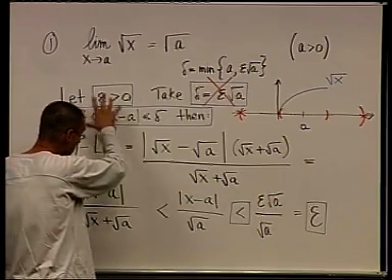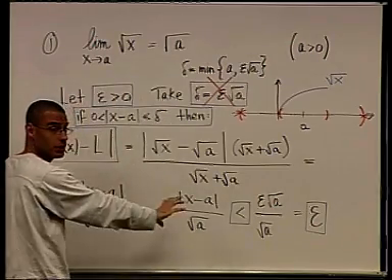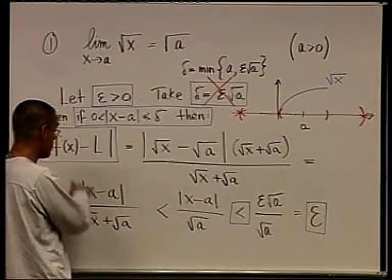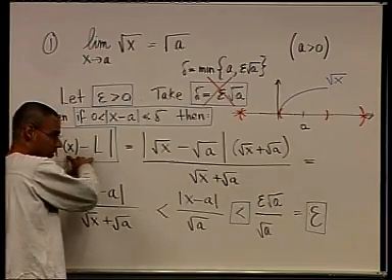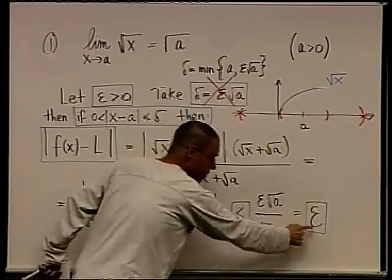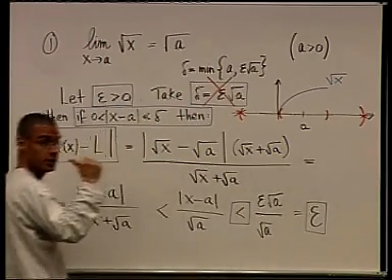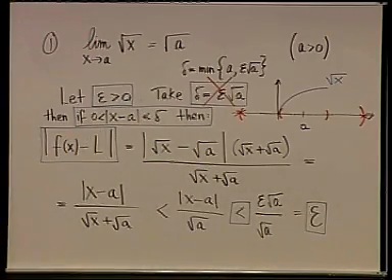What I highlighted in blue here is precisely the definition. We want f of x minus L to be less than epsilon. Let's look at the previous board a second. There it is. That's what we want to show: that if x minus a is less than delta, look at this board, please.